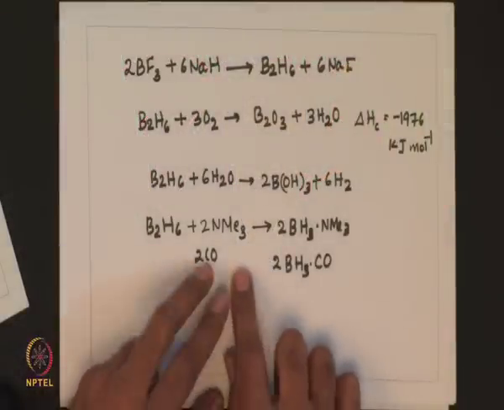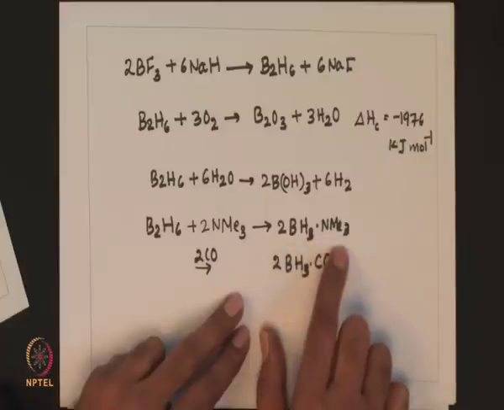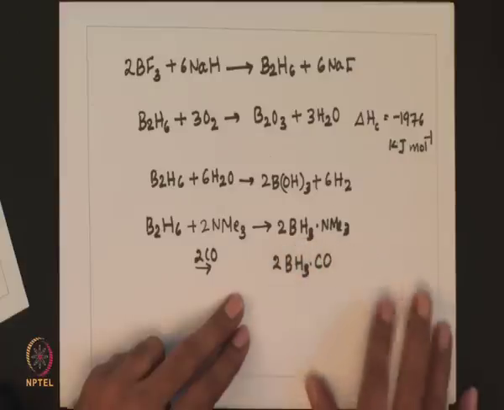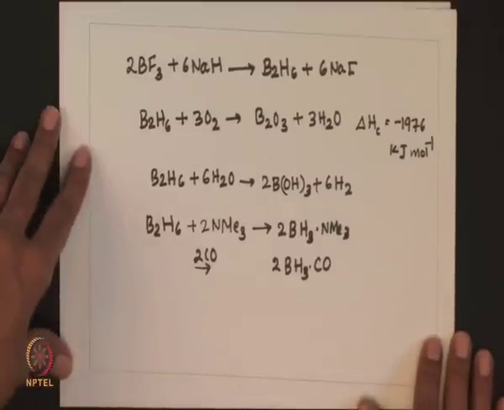On the other hand, when it is exposed to strong Lewis bases such as trimethylamine, it breaks into monomeric forms and forms an adduct in this fashion. Now, this is an acid base complex, or you can also call it an adduct, and same thing is true in case of the interaction of diboron with carbon monoxide.